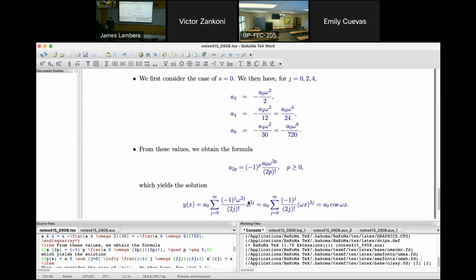But this is the Maclaurin series for cosine omega x, which I mentioned before. When you would solve this kind of ODE in a regular ODE class, you would get sine or cosine. So here we see when we choose s equals 0, we get cosine.